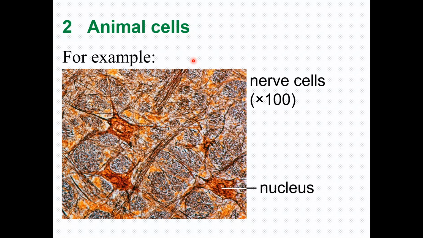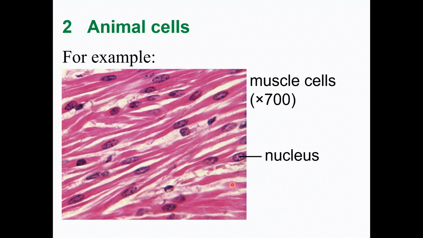Let's take more examples of animal cells. This is a nerve cell, a neuron, and this is the nucleus. You will see the cell membrane here, and the deep yellow one here is the cytoplasm. This is your muscle cell, nucleus here.